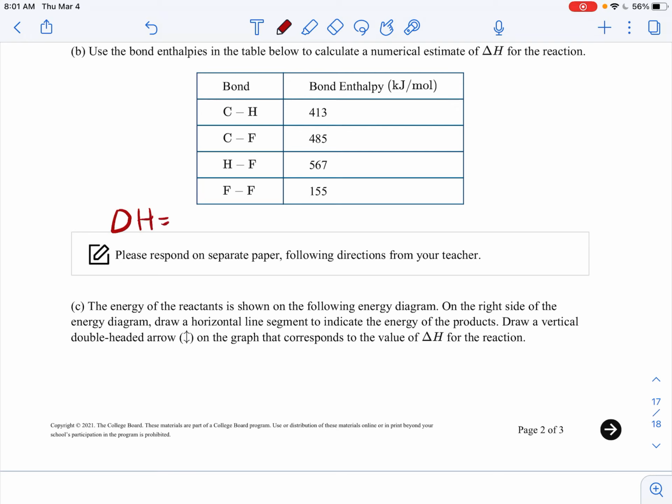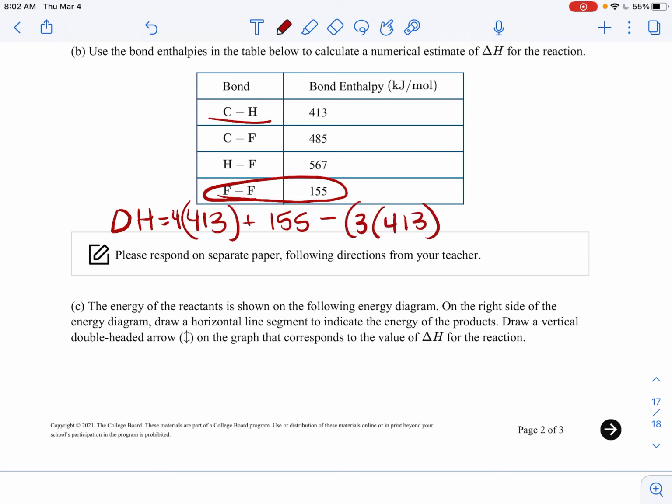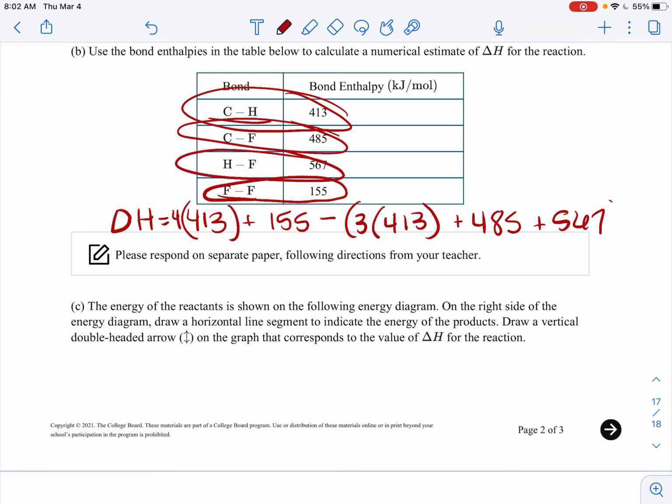So delta H equals 4 times 413, plus 155, because there's 1 FF bond in our reactants, minus 3 times 413, because there's 3 CH bonds being formed, plus 485, because there's 1 CF bond being formed, plus 567, because there's 1 HF bond being formed. And so when we do that, we get negative 484 kilojoules per mole.